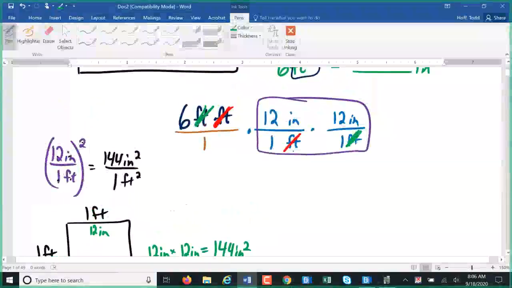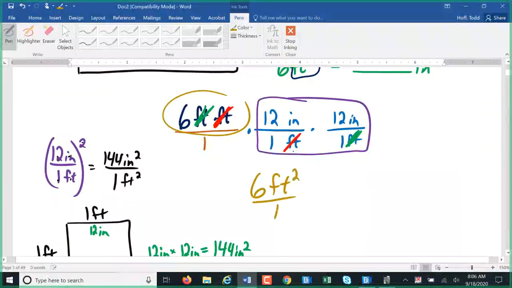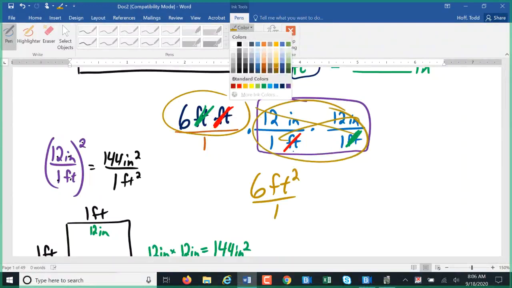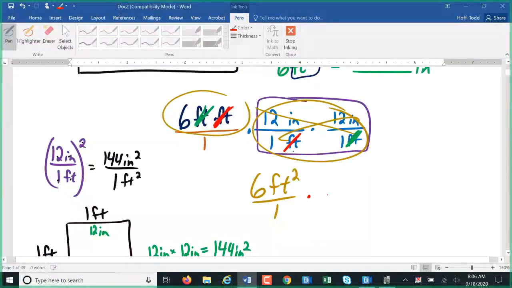So our conversion factor up here to change 6 square feet into square inches, rather than having to use the linear conversion factor twice, we can just use 1 square foot equals 144 square inches. So now the square feet cancel out.